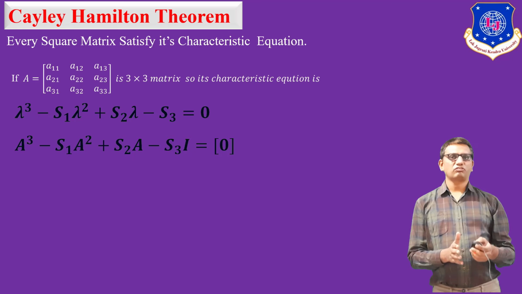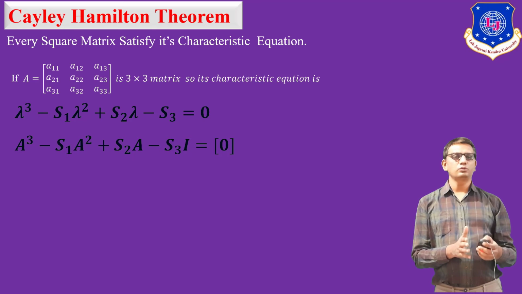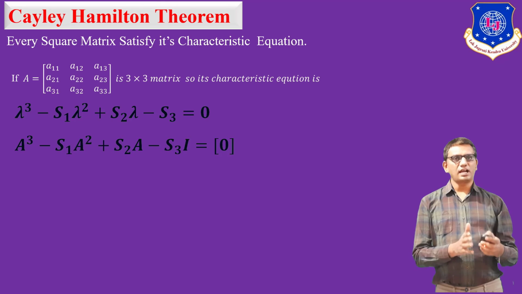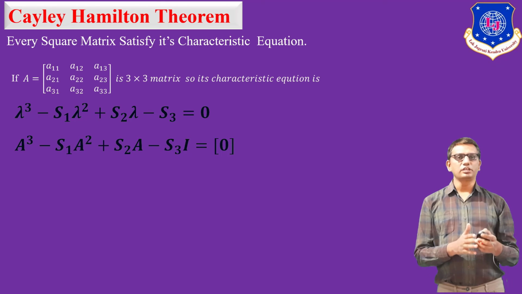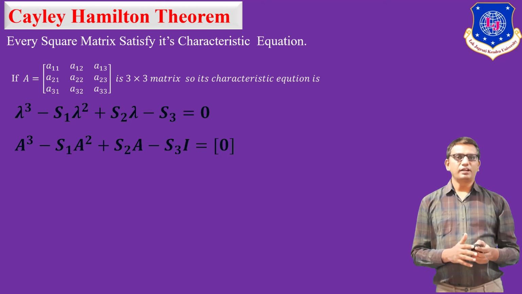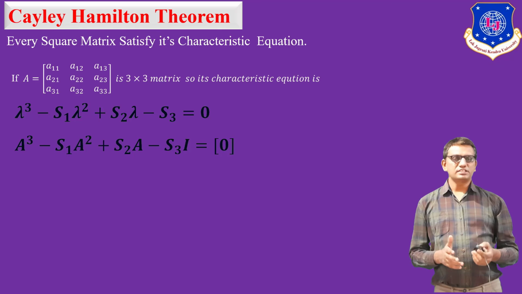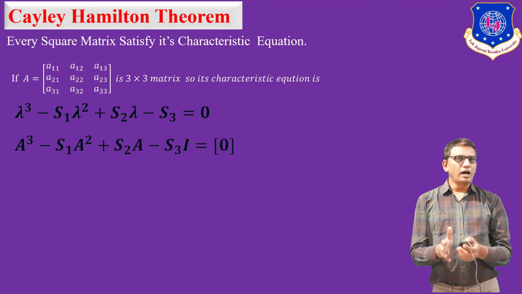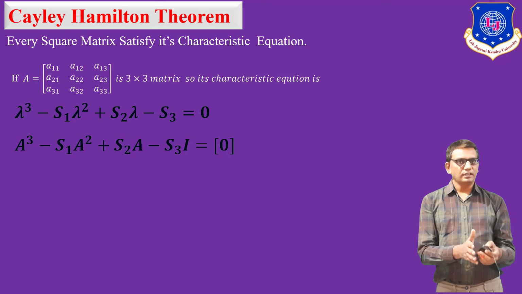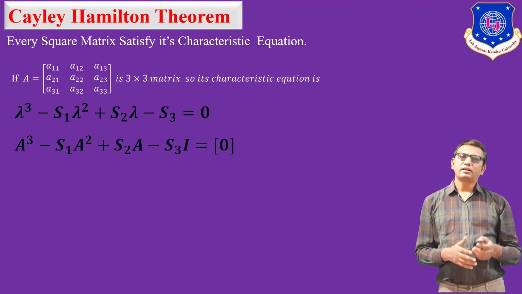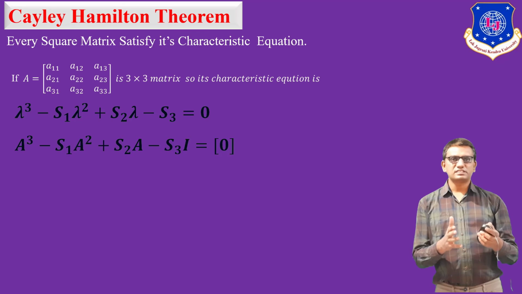That means A cube minus s1 A square plus s2 A minus s3 I, where I is the 3 cross 3 identity matrix. The right hand side will be the 0 matrix. That is the concept of the Cayley-Hamilton theorem. If our matrix is 2 cross 2, we replace lambda by the 2 cross 2 matrix A, and again the right hand side is the 0 matrix.